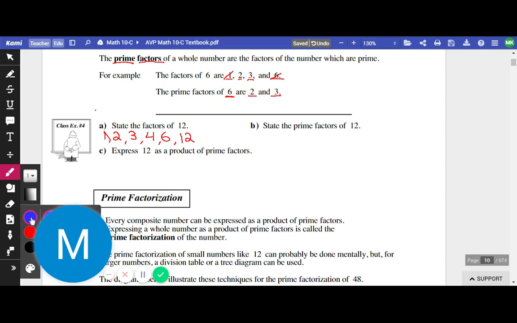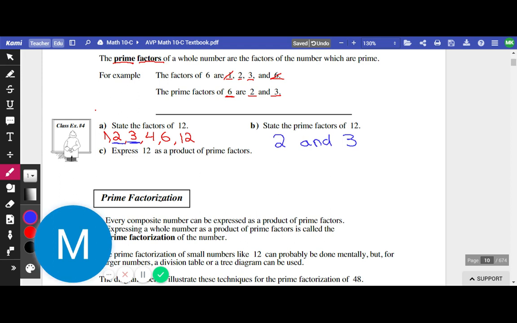The prime factors of 12 are the prime numbers that could divide into 12. In our case, the only prime numbers would be 2 and 3. Good?